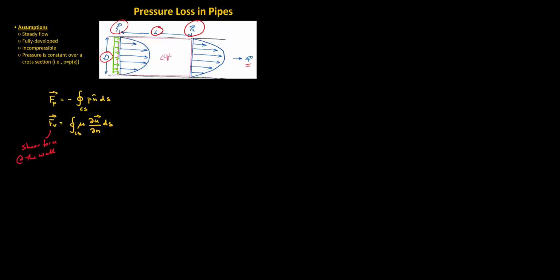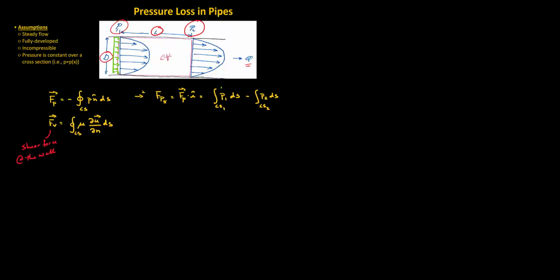So if we consider only the forces acting in the direction of the flow, then we're going to have a net pressure force, which is our pressure force vector here, projected in the i direction. And so if we say positive to the right, which is the convention, then we are going to have P1 over control surface 1 multiplied by the area of control surface 1 minus P2 dS over control surface 2.